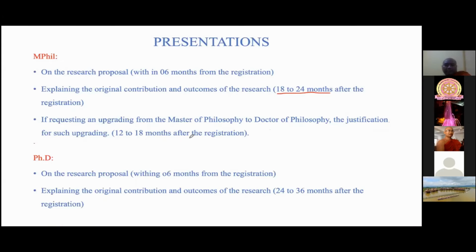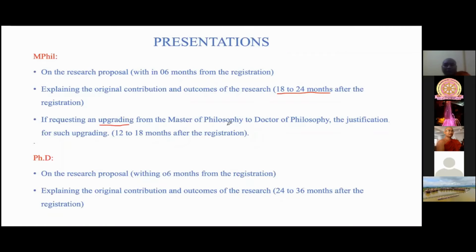Just for upgrading, it is 12 months to 18 months after the registration. According to the institute, you could upgrade your M.Phil research into PhD level research, but within 18 months.